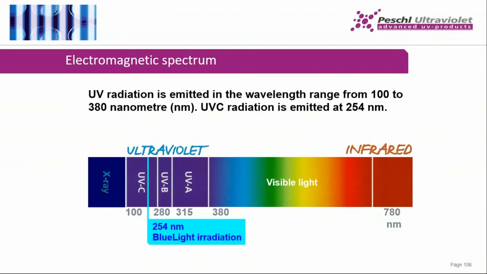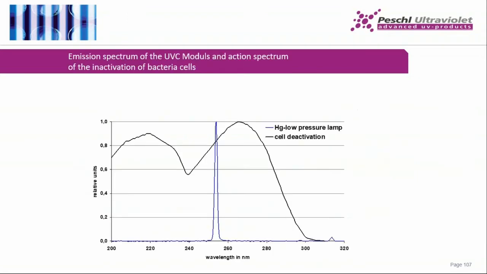This is the best wavelength to go into the DNA. If you see this part, this is the absorption curve of a microorganism, and this is the light we use. That means there is approximately 90% absorption of UVC light by a microorganism.